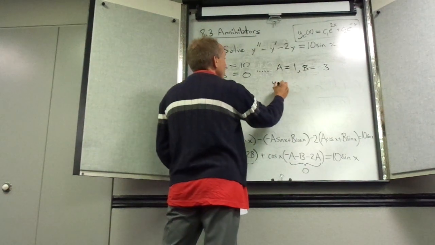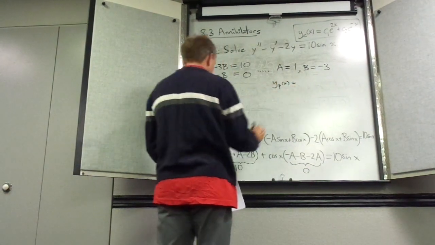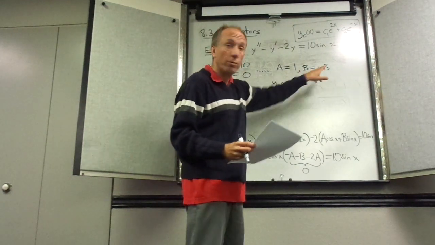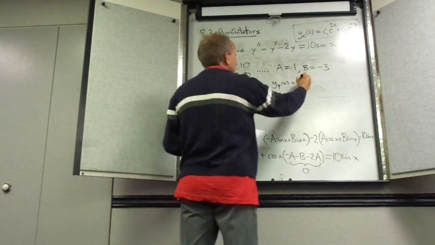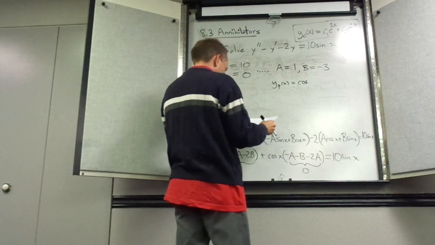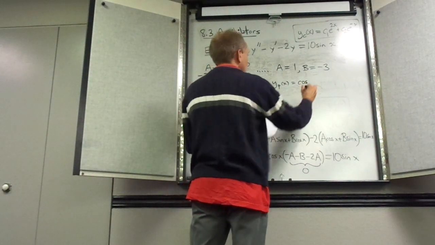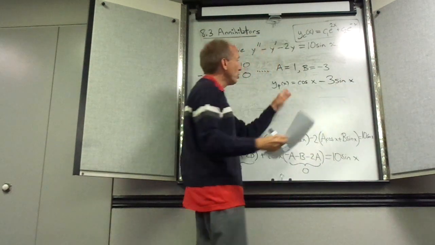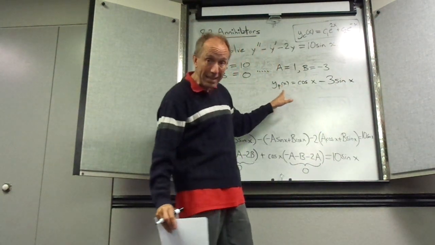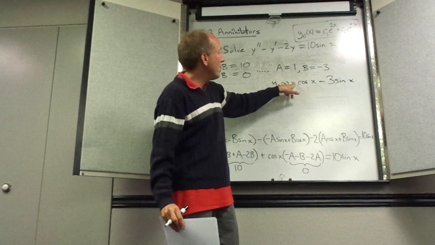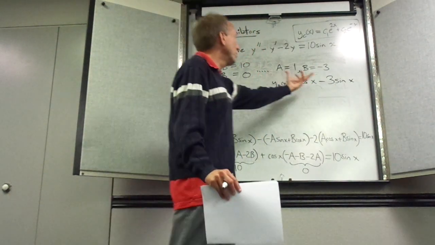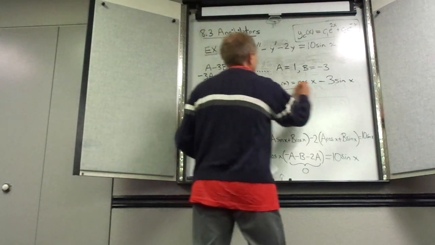So my particular solution is going to be, again, I have to go back to the general form. It was a times the cosine of x, right, plus b times the sine of x. So if we go back to the y sub p that we had, we had an a and a b in front of these cosine and sine terms, and so this is what it becomes right here.